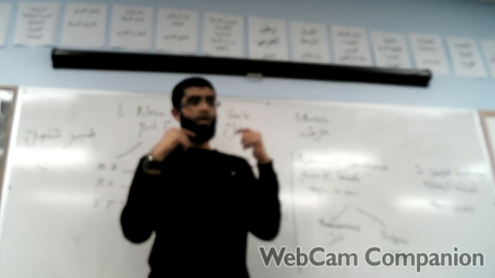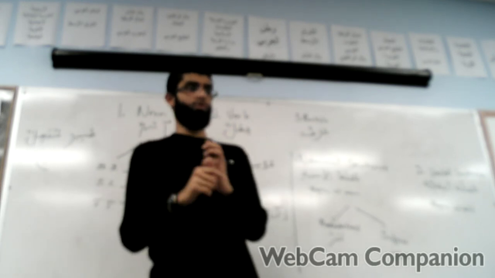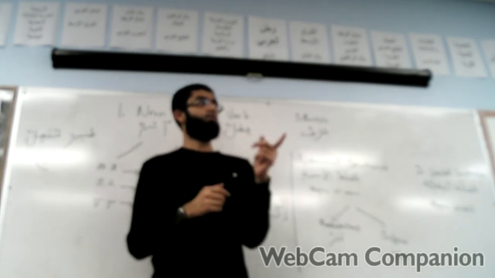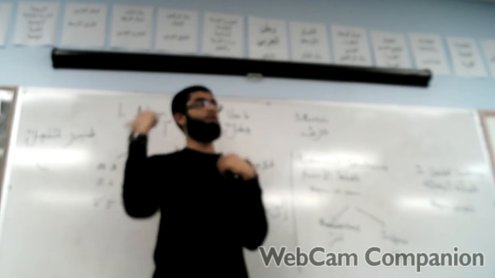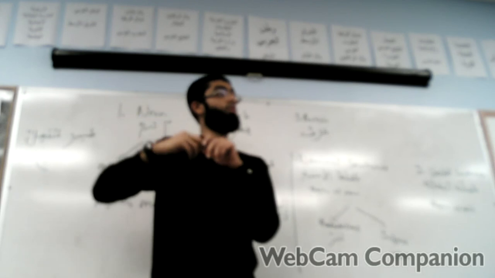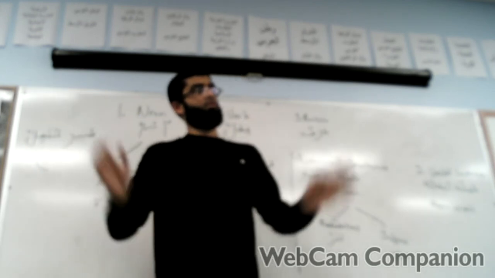So we want to have this ready because we're going to be doing attached pronouns soon. So nahnu is what? We, right? If it's me and one other person, or me and females, we can use it. Nahnu is me and however many people.